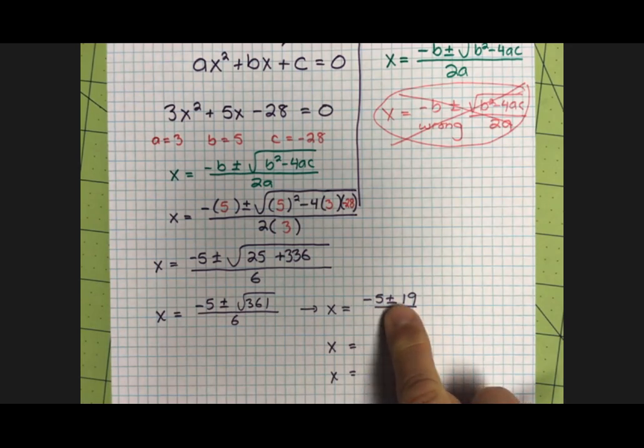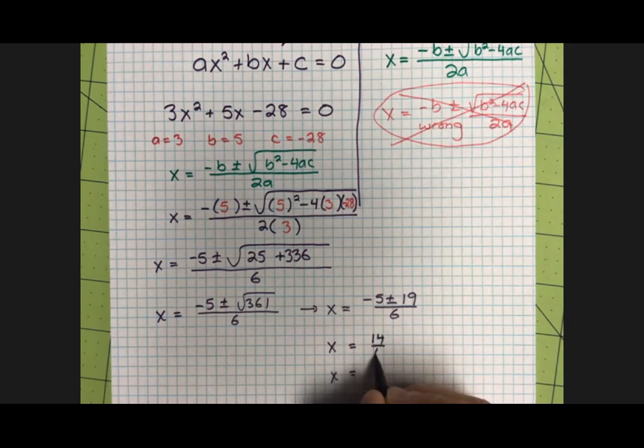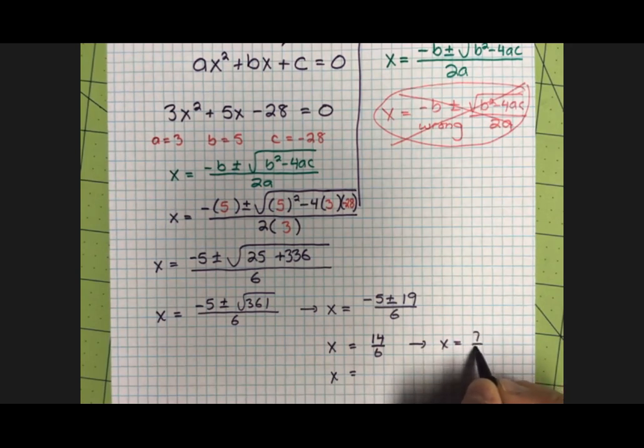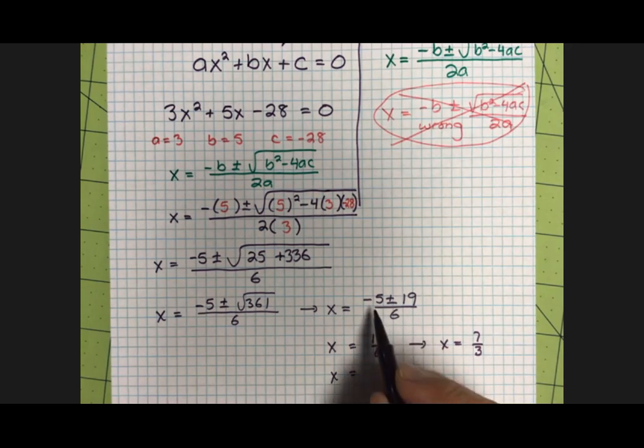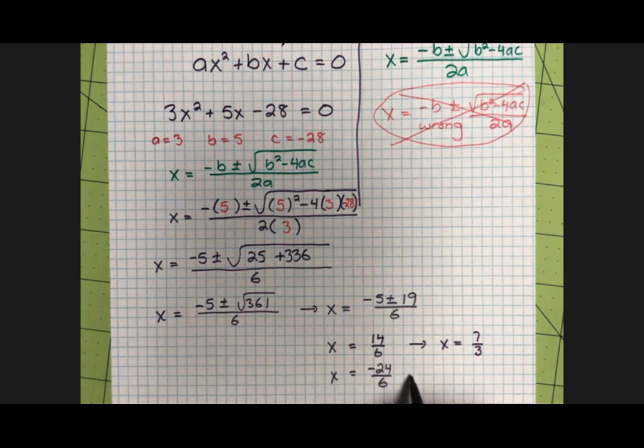So minus 5 plus 19 is 14 over 6, which turned out to be 7 over 3. That was one of my answers in the first problem today. Then the other one, minus 5 minus 19, going to be a minus 24 over 6. And that is minus 4. That is the other answer I had at the beginning of today.